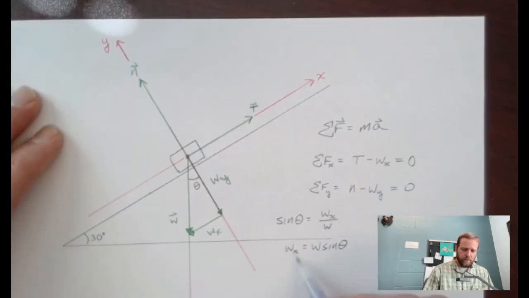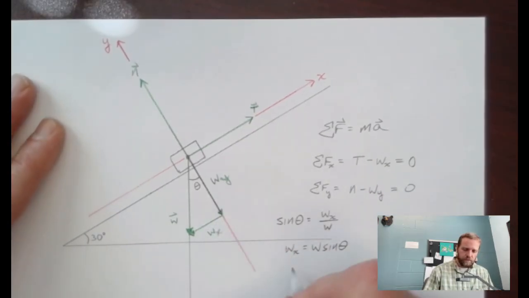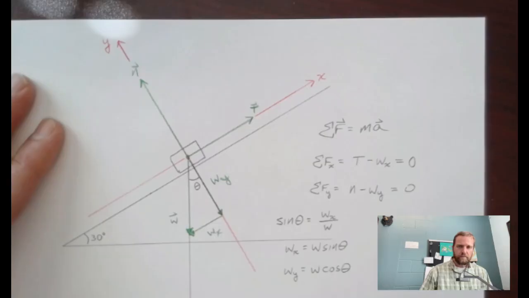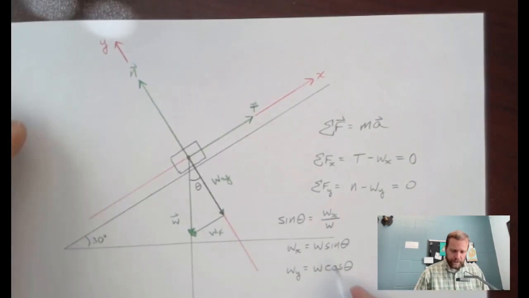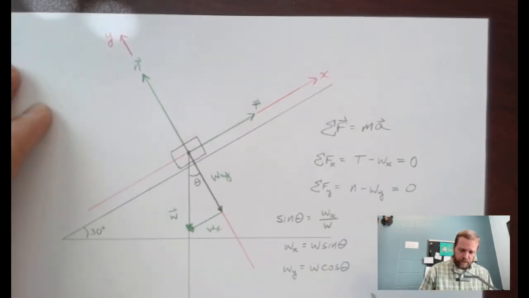And you can come up with a similar expression for Wy, but it is the cosine of theta. Okay. All right. At this point, we're ready to put these terms in up here.